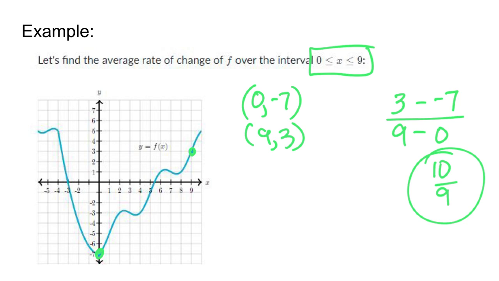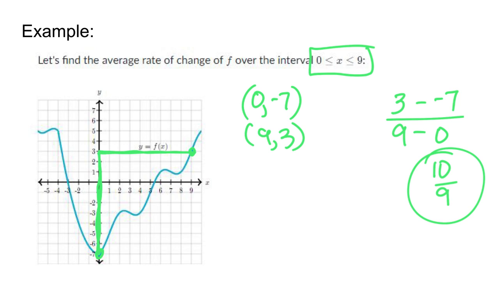Now, if you don't want to do that with the slope formula, but you have a graph of it that's reasonable to count, you can do rise over run. So I could go from this point and rise until I'm even with the upper point, and then run until I'm even with it, and then count that value.